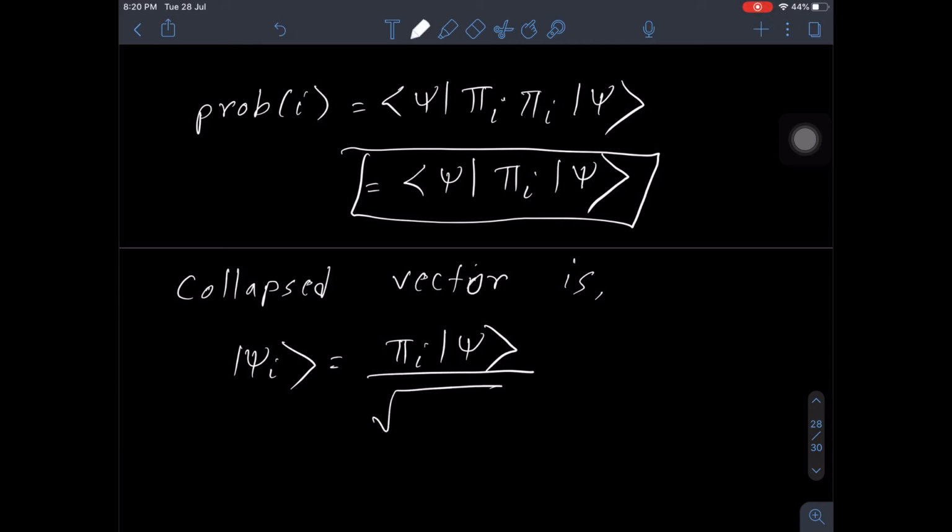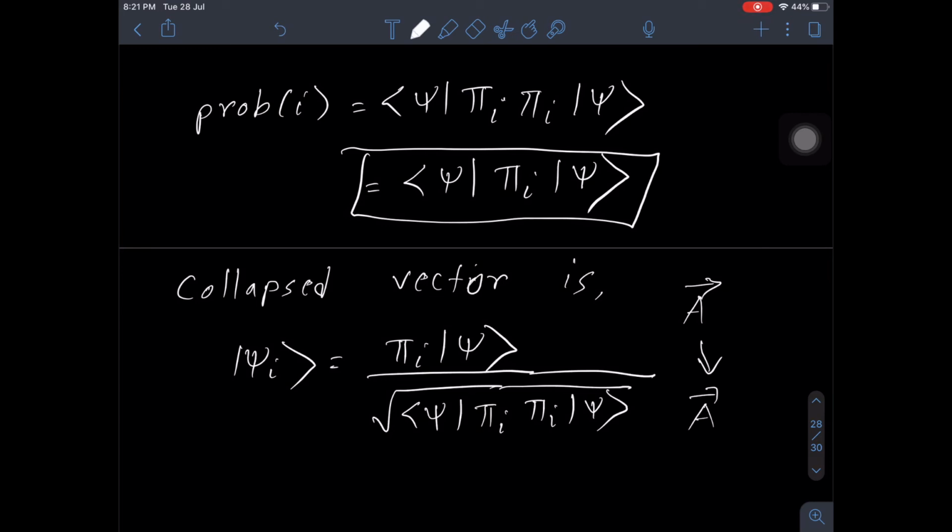By its norm, I mean square root of psi pi I psi. All right. This is similar to what you do with regular vectors. If you have a vector a and you want to turn it into a unit vector, then you divide it by the norm of a, right? So you divide it by the norm of this one.